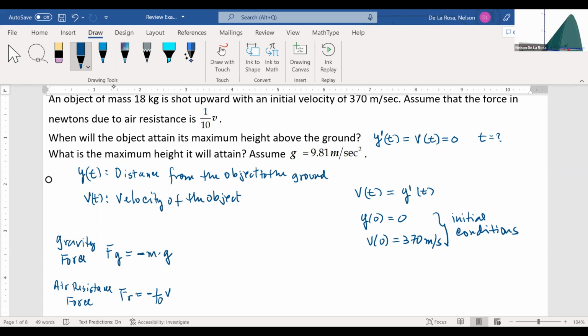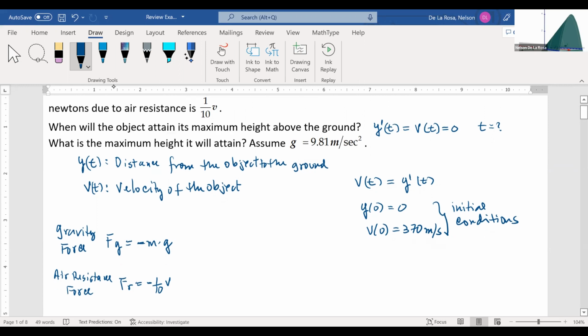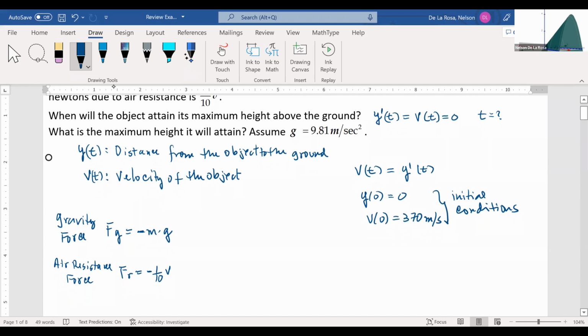So, applying Newton's second law of motion, we have that F equals F of g plus F of R: the force due to gravity plus the force due to the resistance of the air.